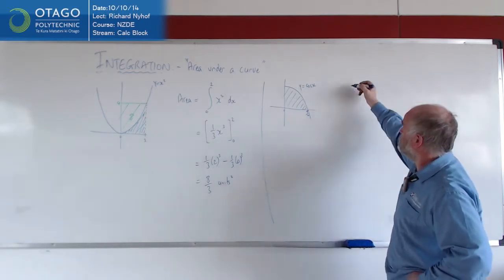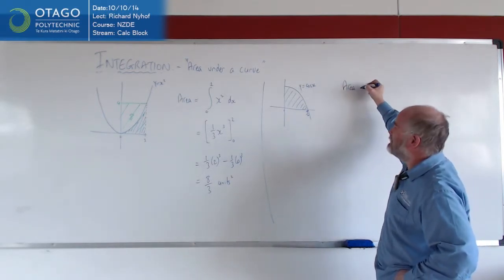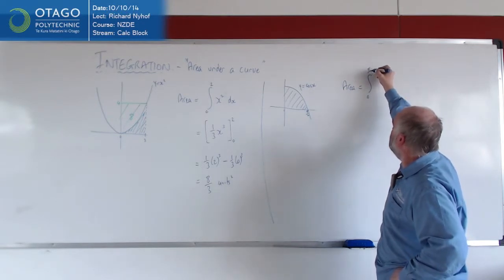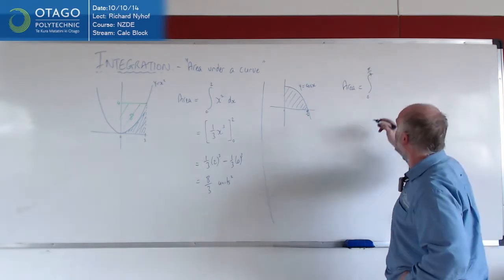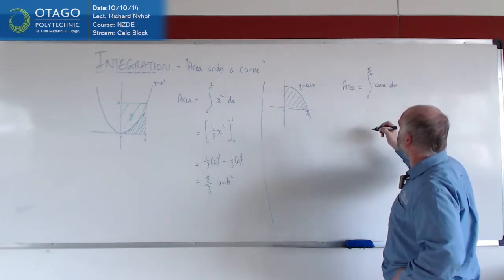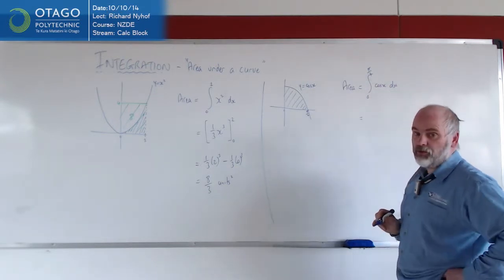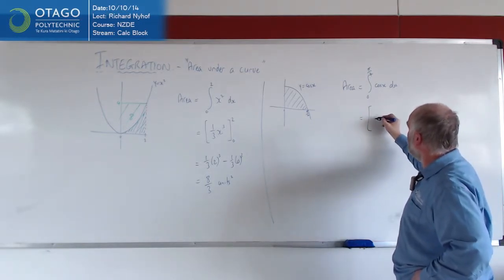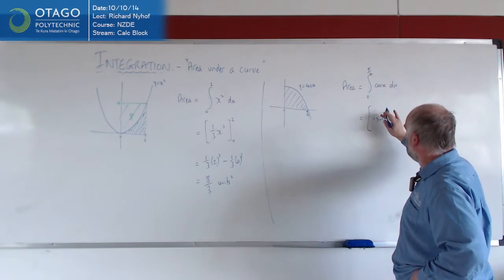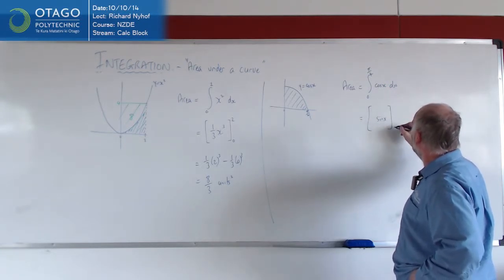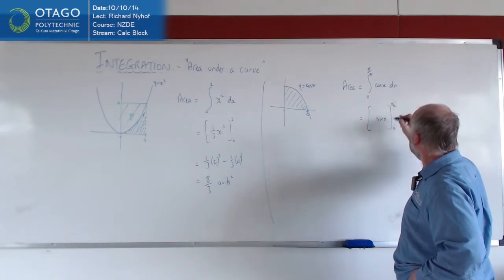So the same thing: area equals the integral from 0 to pi over 2 of cosine x dx. So we have to do our integrations. If we integrate a cosine, we get a positive sine, from 0 to pi over 2.